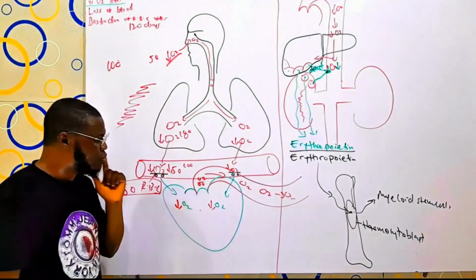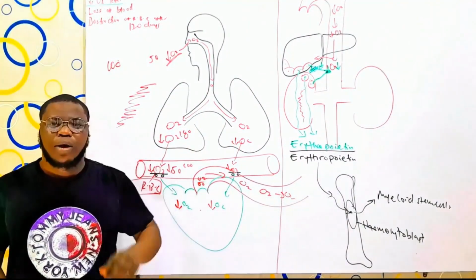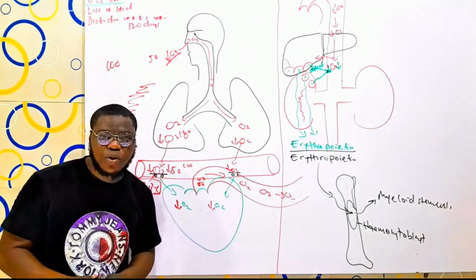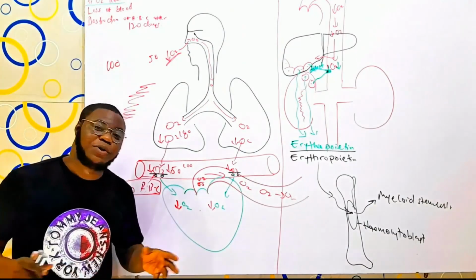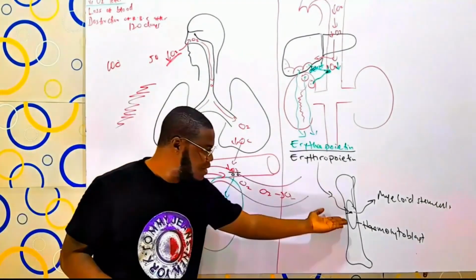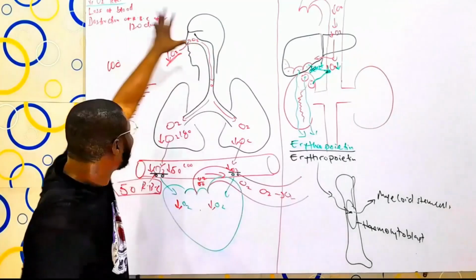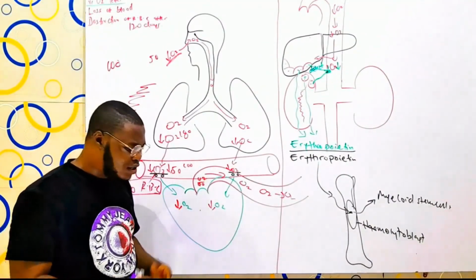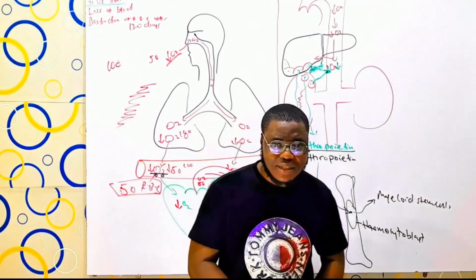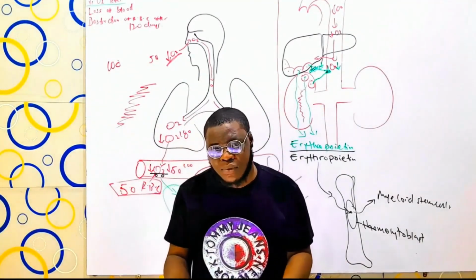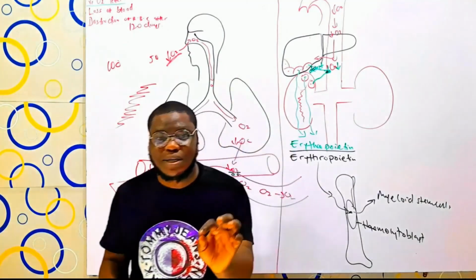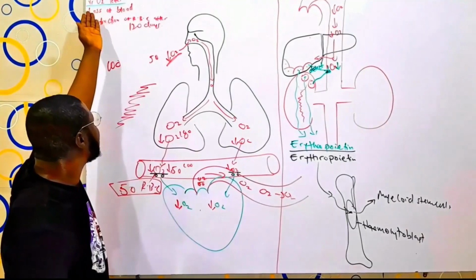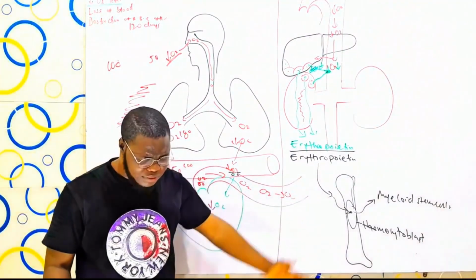Now, what else are you supposed to know right from here? I think by now you would have noticed that where we started from, which is erythropoiesis, the production of red blood cells, has already started. And it starts with either one of these three stimuli. We have more than that actually. But the point is, whenever you're discussing erythropoiesis, you can always start by telling us it's a kind of mechanism. And the stimuli or the changes that can bring about the occurrence of this mechanism are a reduction in oxygen level, loss of blood, and destruction of red blood cells after 120 days.